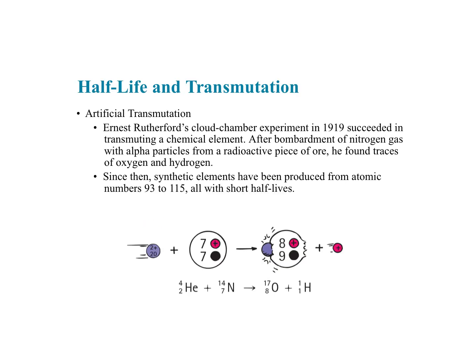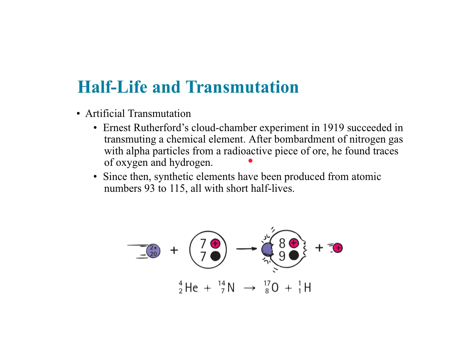Now, here's an example of what we call an artificial transmutation. This was one of the first examples of this that was discovered way back in 1919. A guy named Ernest Rutherford did an experiment where he took some nitrogen gas and bombarded it with alpha particles.